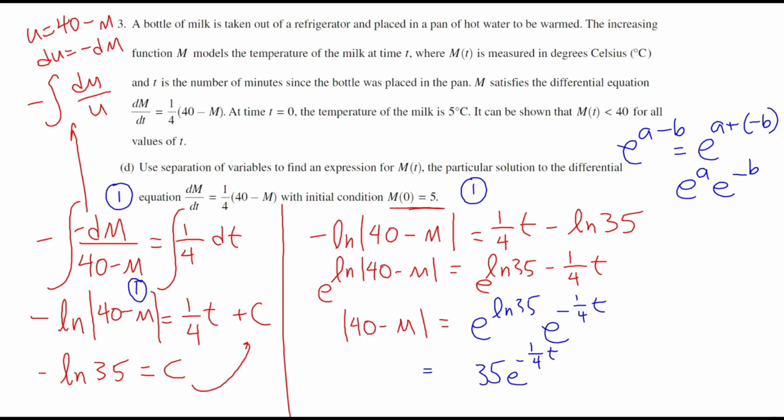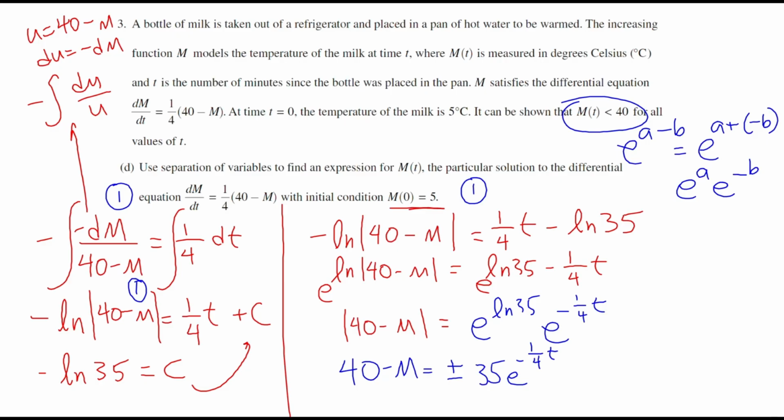And we'll clear off the absolute values here by putting a plus or a minus. So we have 40 minus m is plus or minus 35e to the negative 1/4 t. Now, we could have just cleared off those absolute values earlier, knowing that m is always less than 40, and if m is always less than 40, then the thing inside the absolute value is always positive.